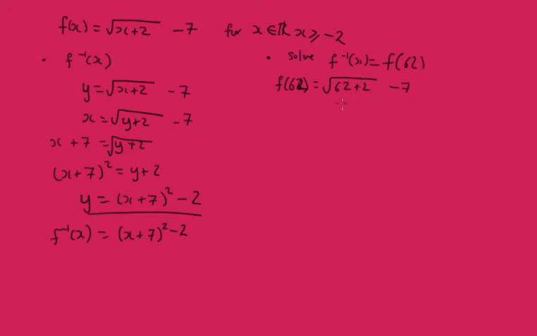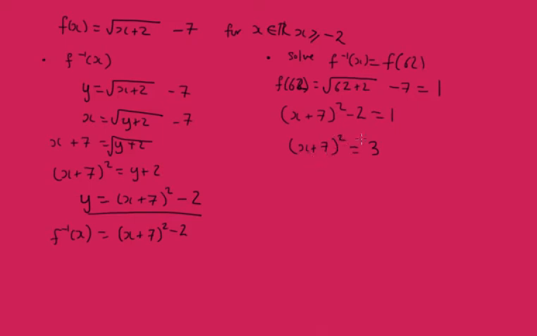8 minus 7 is going to be 1. So we want to know when this is going to be equal to 1. So (x plus 7) squared minus 2 equals 1, so (x plus 7) squared equals 3.